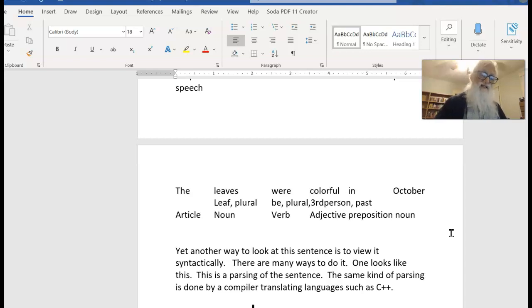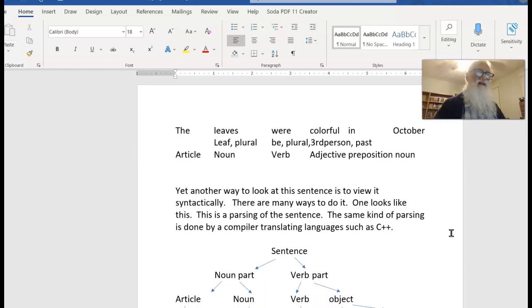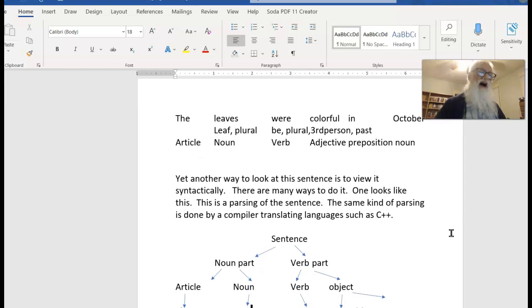In Python, it also parses, but it does it, I think, more one line at a time than C++ does. Now, here's a way that we might derive this sentence in a grammar of our language.